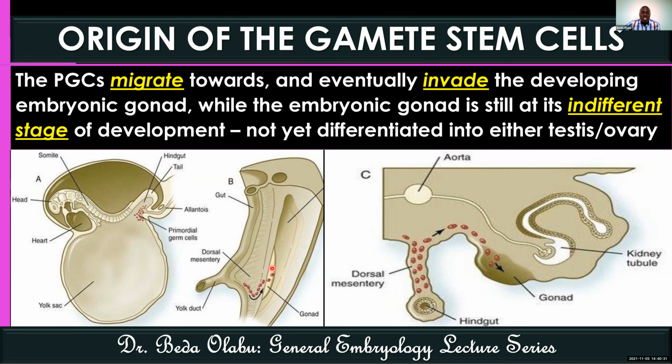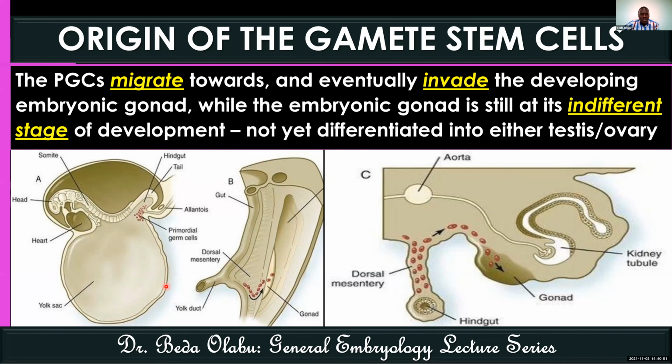And that's what we call the indifferent stage of gonadal development. So these cells migrate into that embryonic structure. They don't know whether there'll be stem cells for sperms or stem cells for the oocyte. They just migrate and invade.